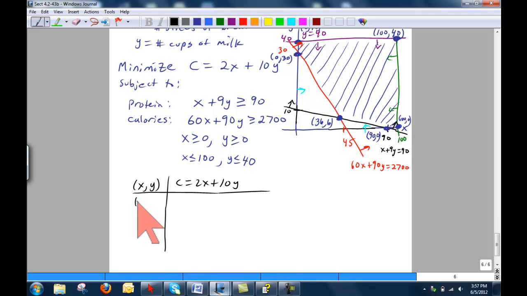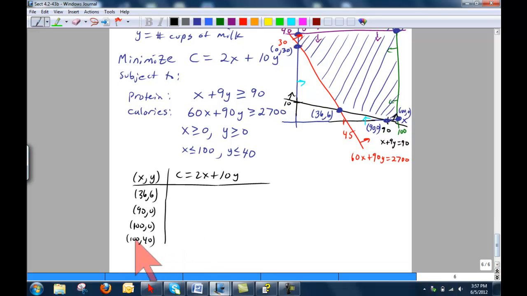And our corner points now are 36, 6, 90, 0, 100, 0, 100, 40, 0, 40, and 0, 30.